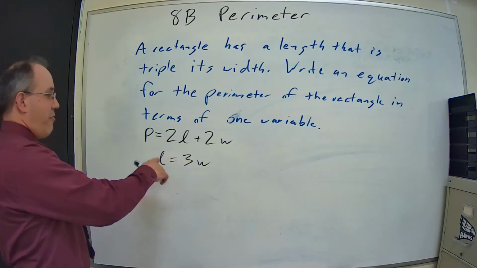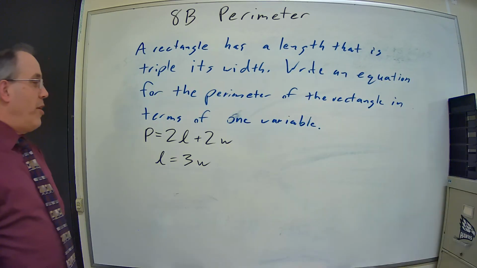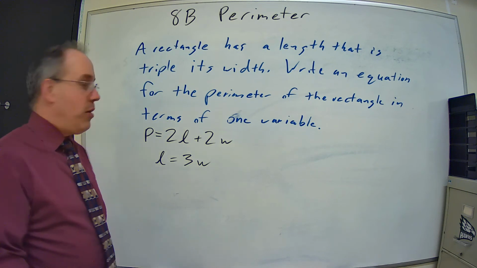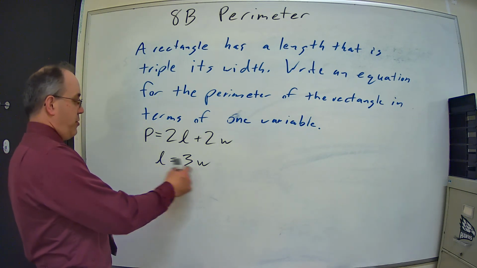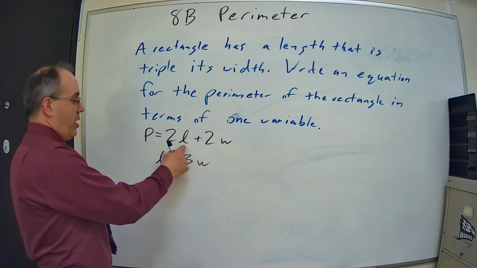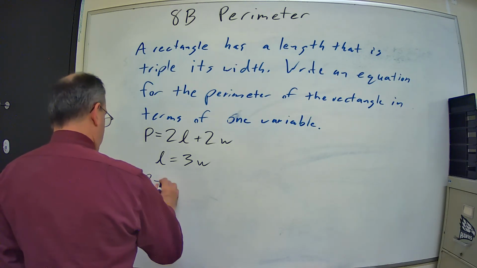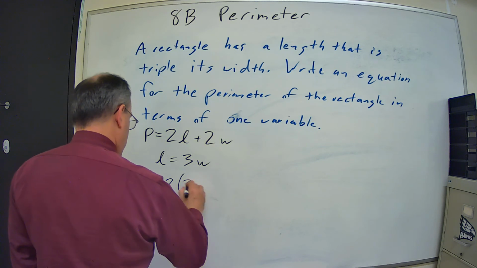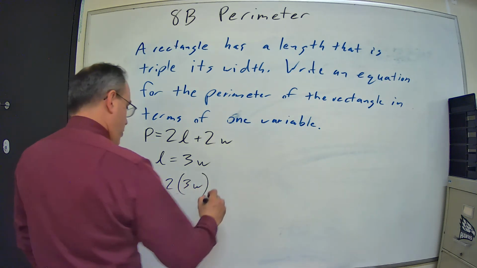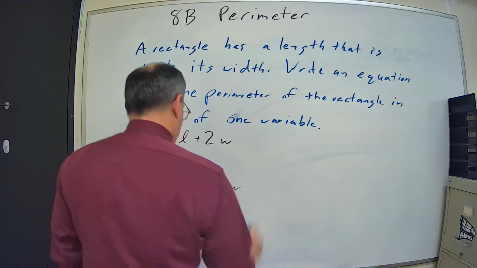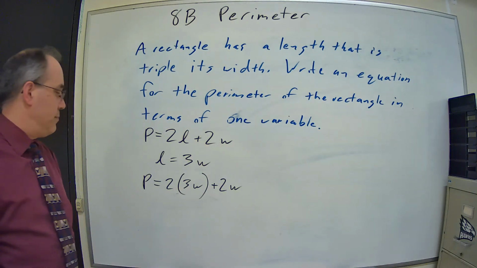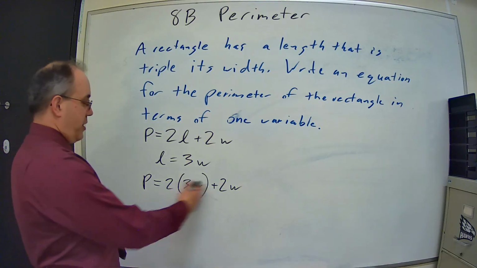Now that we have that, if I want to write it in terms of one variable, all I have to do is substitute 3W anywhere I see L. So I can say the perimeter is equal to 2 times 3W plus 2W. Now I don't want to leave it like that.